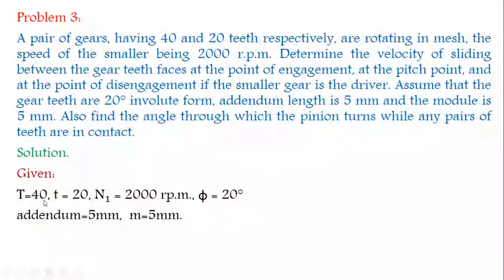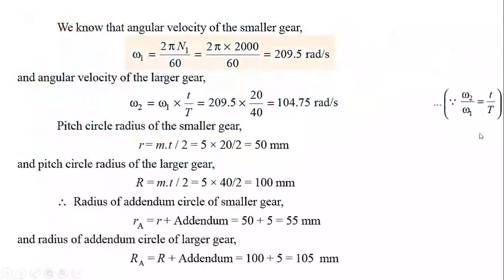Capital T is 40 and small t is 20. Omega 2 equals small t divided by capital T into omega 1. Apply all the values in this formula and we will get omega 2 equal to 104.75 radians per second.